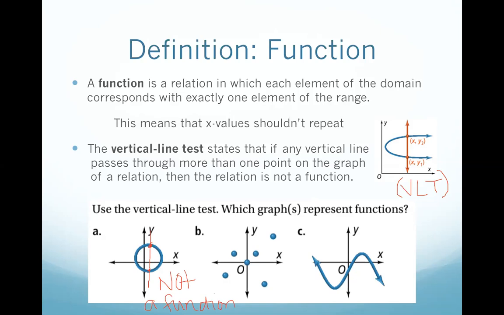How about B? Well, again, for B, I'm looking through here and I'm going to see if I can draw a vertical line through any 2 points. And it has to be vertical, not slanted at all. And so if I draw a vertical line through these points, none of the points overlap.